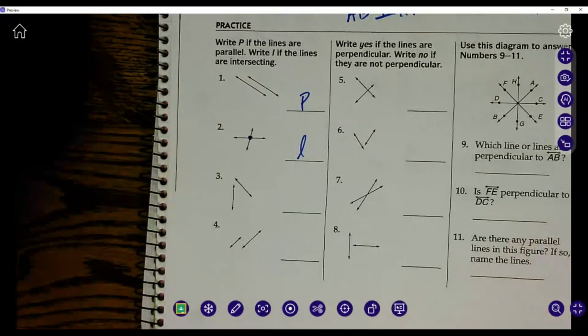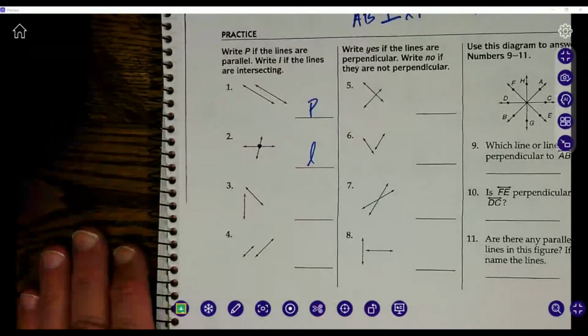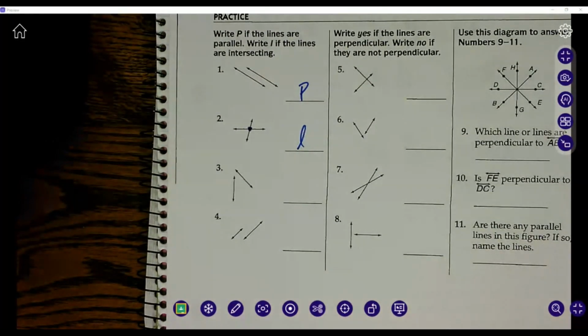Look at number 3. Do you think those lines intersect or are parallel? You can put I for intersect and P for parallel. We're looking at number 3.